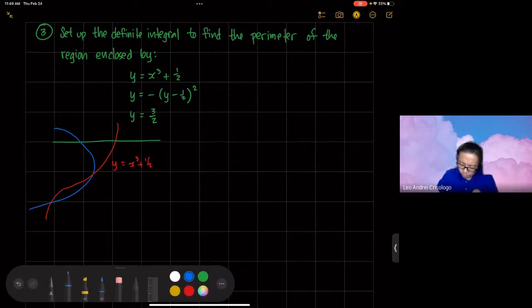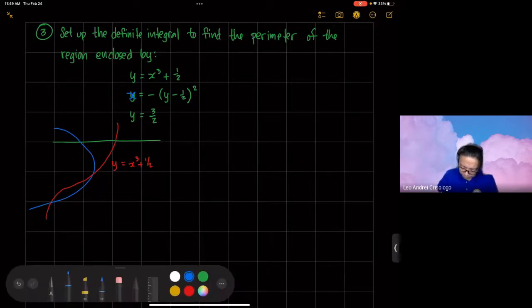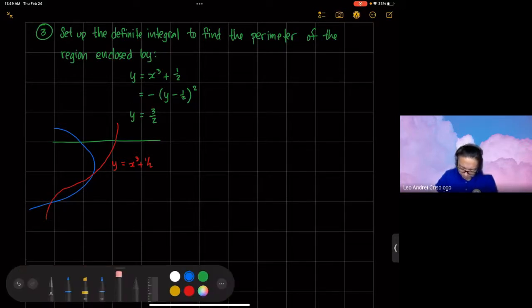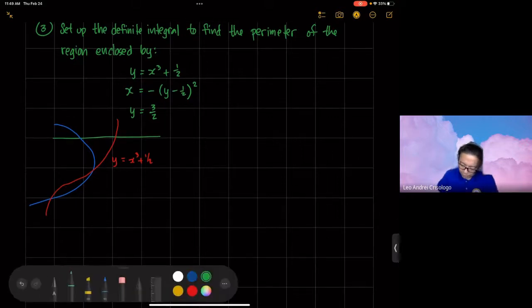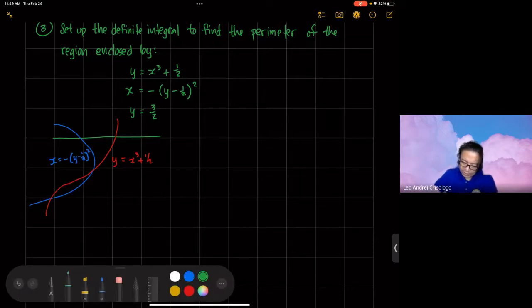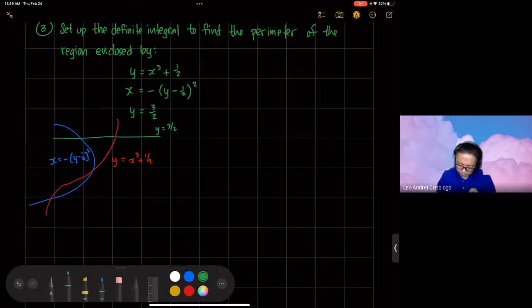The blue one has equation x equals negative the quantity y minus 1/2 squared. And the green is just y equals 3/2.